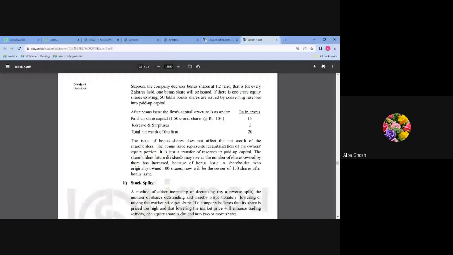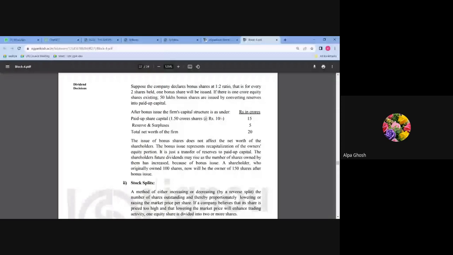Shares is the recapitalization of the owner's equity portion, and it is just a transfer of reserves to put in the capital for issue of shares.